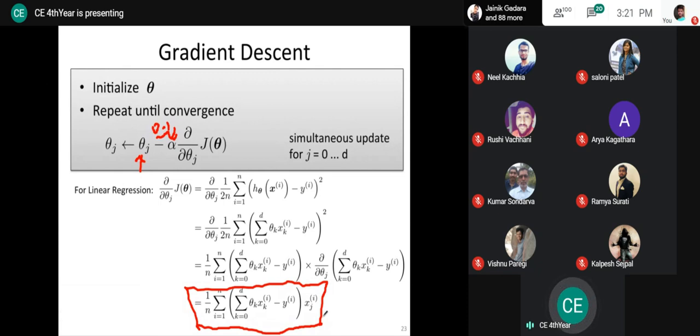Fine. And if you observe, just carefully look at this equation. In the calculation itself, we are using all the theta values starting from 0 up to d.